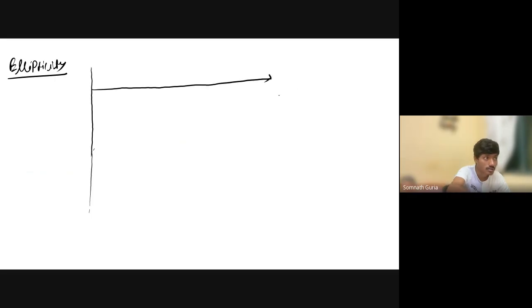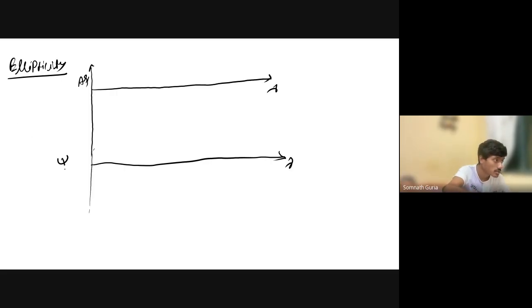So, let's suppose we have absorbance, a similar curve over here. This is the absorbance versus lambda. We have something called ellipticity over here only.